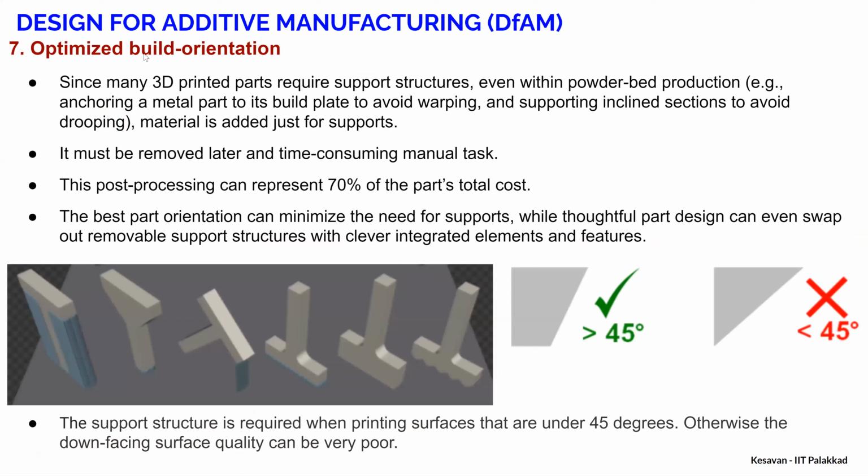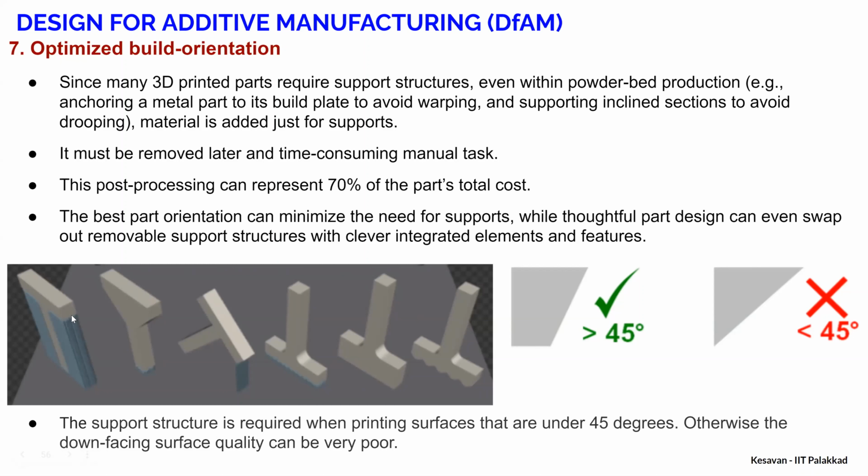Then the next is optimized build orientation. Once the part is designed, let's say you have designed the part and done optimization, then you need to put the component for printing. Before printing, you need to choose the optimized orientation to print.